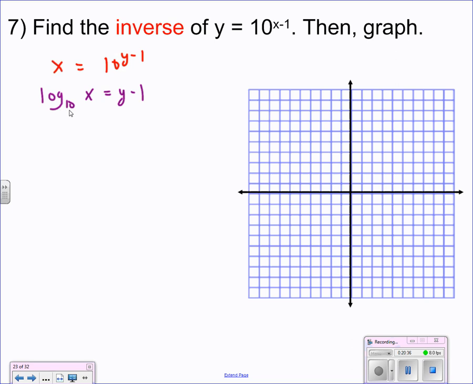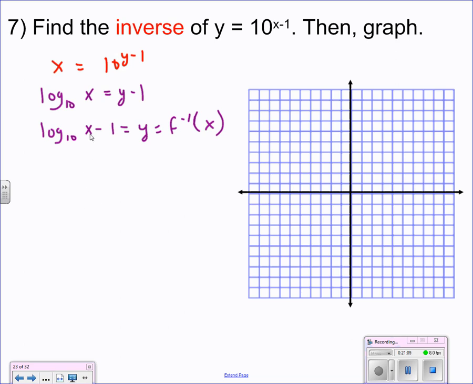I have the same base, my number comes over here, and then my power is on the other side. Now, the last step to get y by itself is to add 1 to both sides. So I would have log base 10 of x, skip some space, minus 1 equals y. And this is your inverse function. Do not put x minus 1 in parentheses, please. Don't do that.